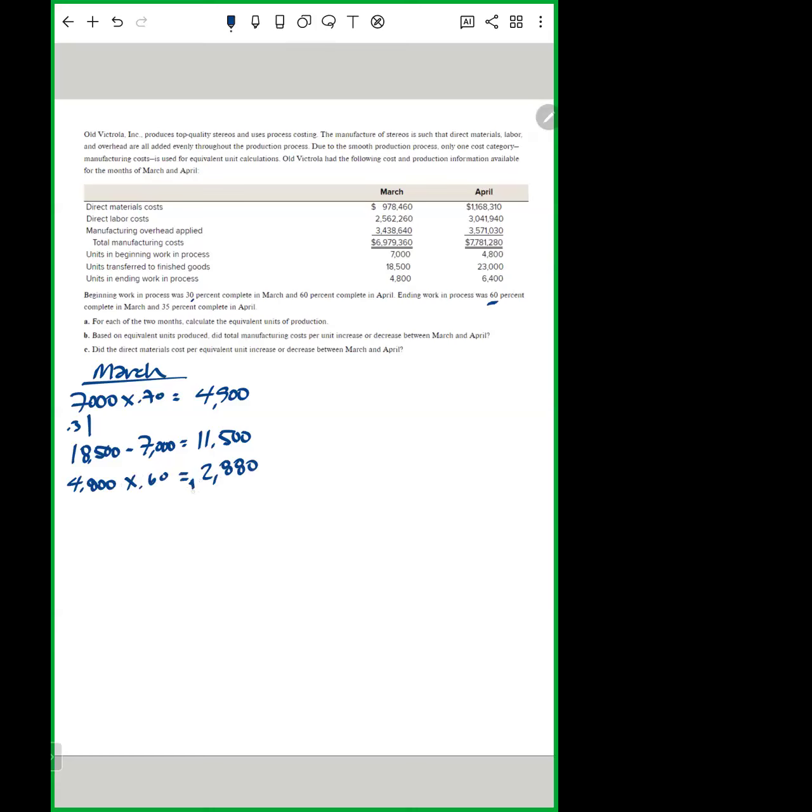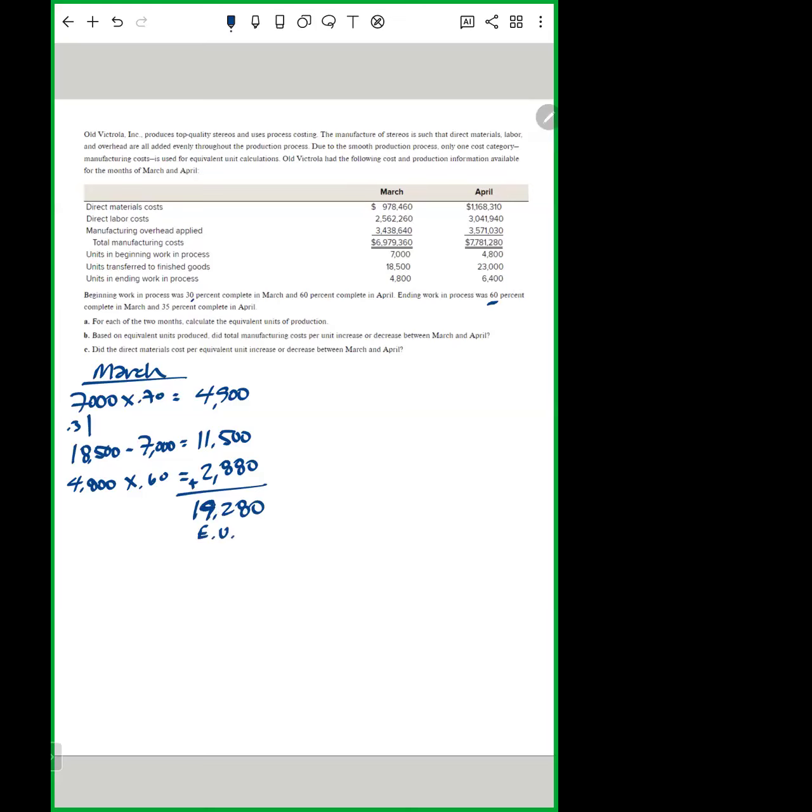So if I just add these up, that should give me my equivalent units for March. 4,900 plus the 11,500 plus 2,880 gives me 19,280 equivalent units.